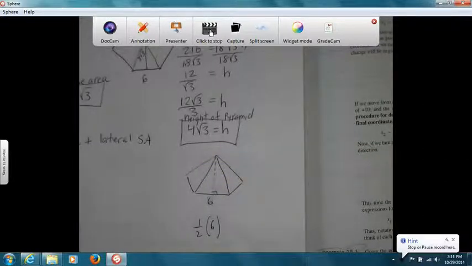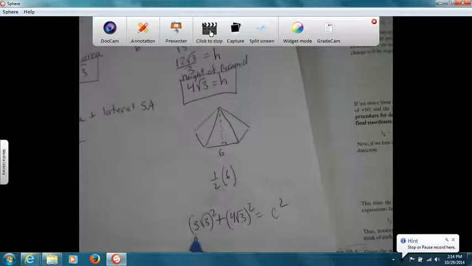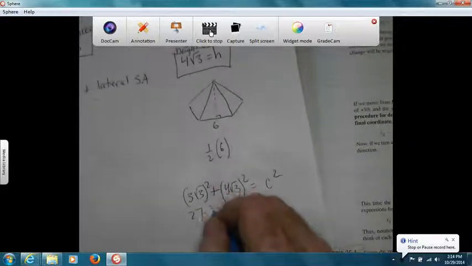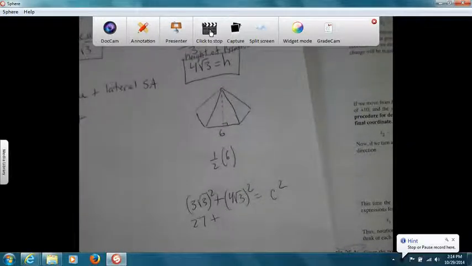So, if I square 3, I get 9. And if I square root 3, I get 3. So that gives me 9 times 3, that's 27. And if I square 4, I get 16, and if I square root 3, I get 3, and so 16 times 3 is 48, I think.